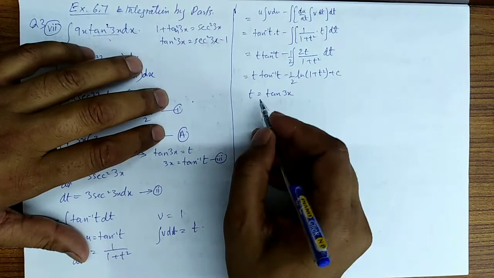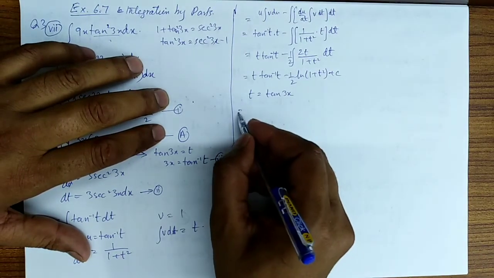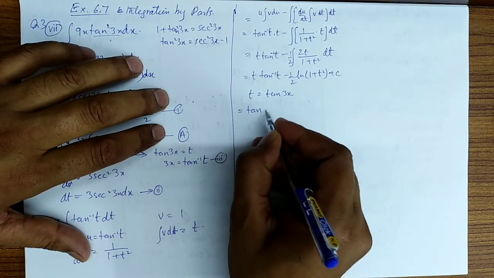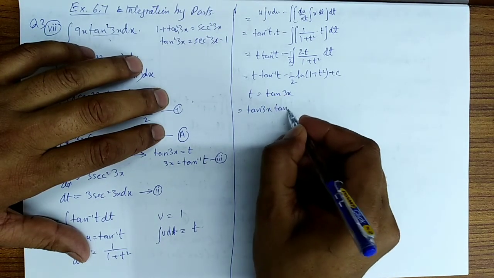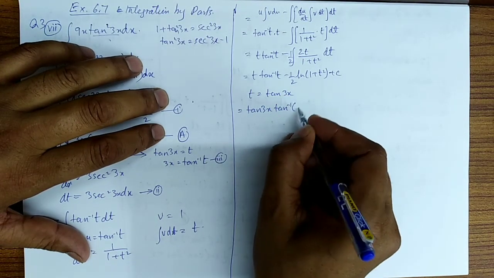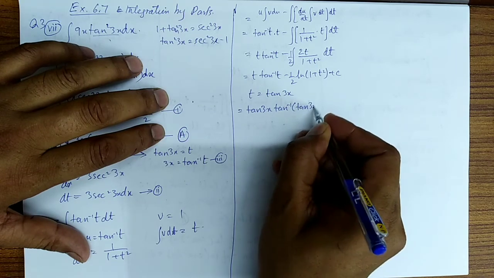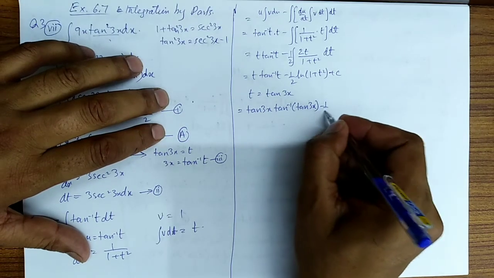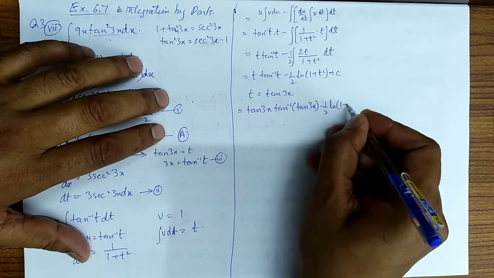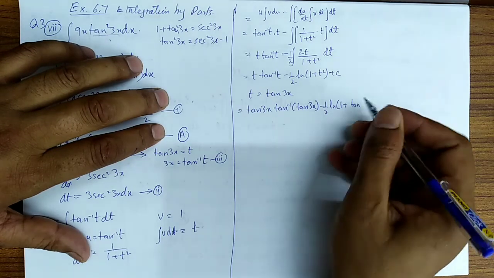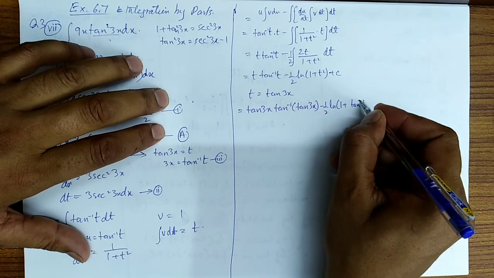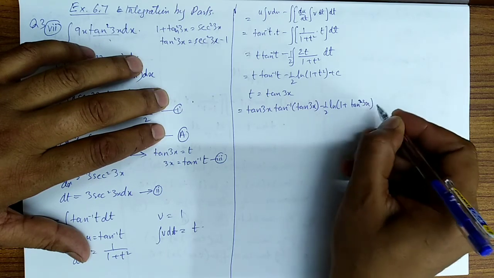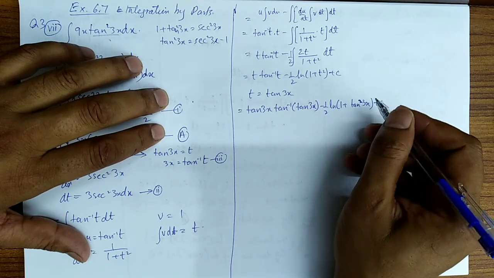Substituting the value of t in all places, that is tan 3x into tan inverse tan 3x minus 1 upon 2 ln of 1 plus tan square of 3x plus c.